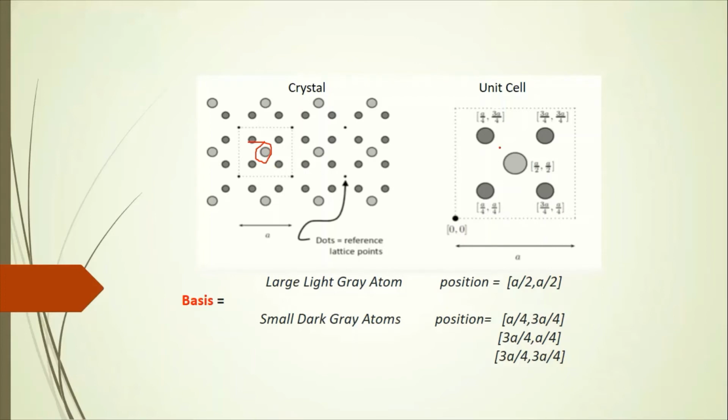So what we are going to define is the unit cell in the dashed line. In the left picture, the unit cell contains the large atoms and the smaller atoms, but we can cover the entire space with the lattice point at the corner of the unit cell, the black dot in this figure.